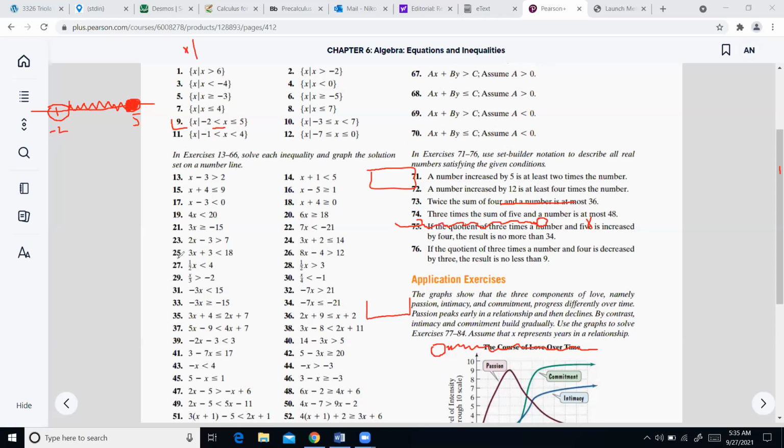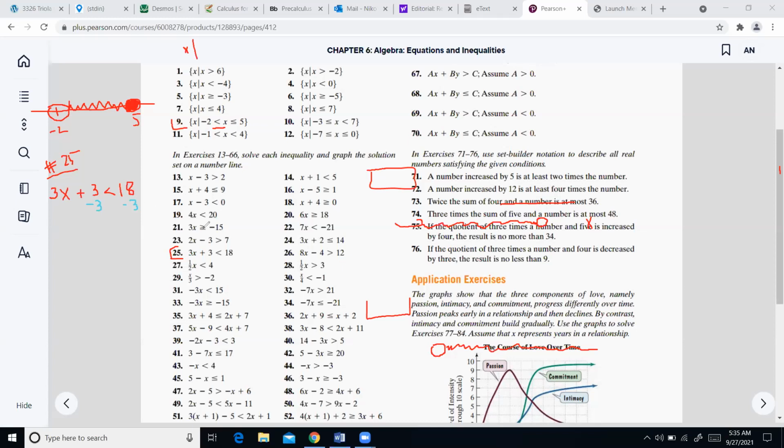So for example, if I start with problem number 25, the solution for an inequality such as 3x plus 3 is less than 18. When I have this inequality, all I need is to isolate the letter x. So I'm going to subtract 3 on both sides of this.